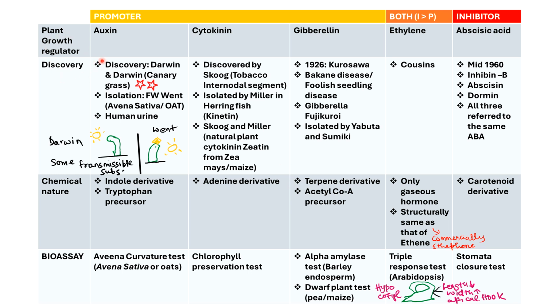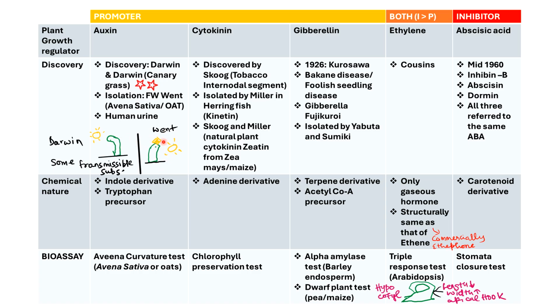Coming to the discovery part, auxin was discovered by Darwin in canary grass. But isolation was done by F.W. Went in Avena sativa, or oat plant. Now, bending of the coleoptile is due to formation of auxin, which transfers to the shady part.